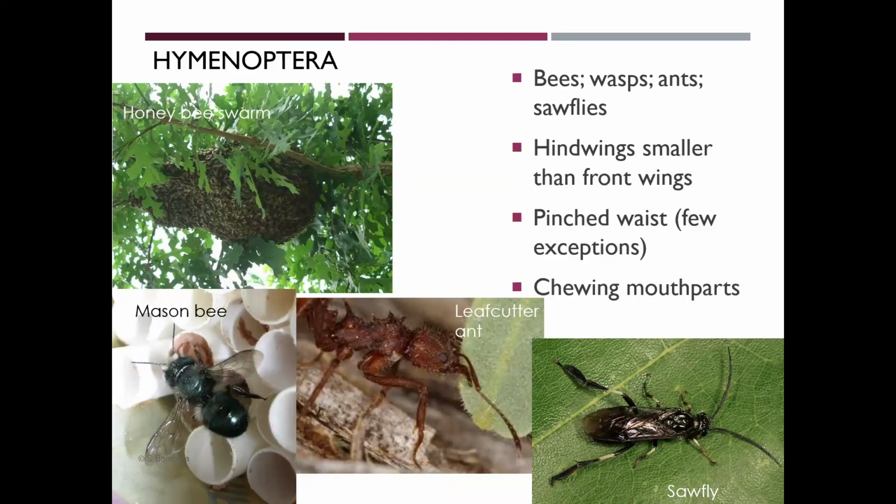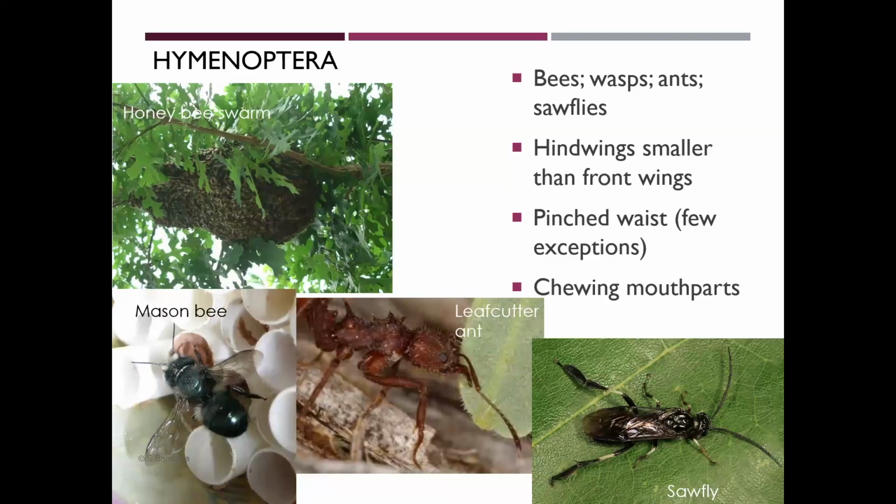The big concern when we're dealing with bees, wasps, and ants is that a lot of them are going to be capable of stinging. Honeybees, which you see in the upper left-hand corner, are only capable of stinging you one time because they have a barbed stinger, so it gets stuck in you.